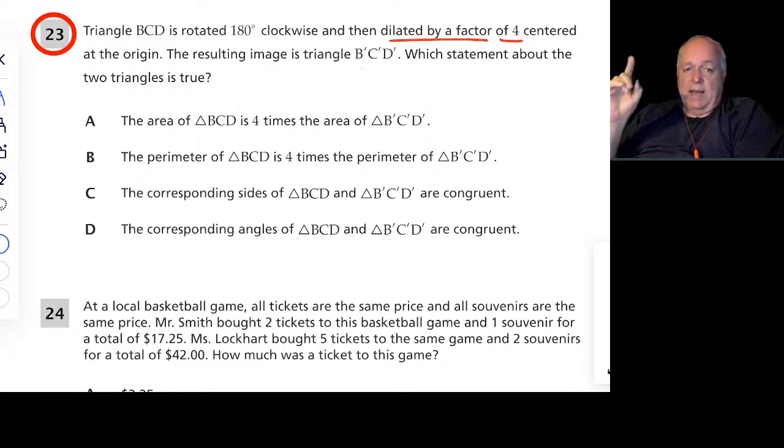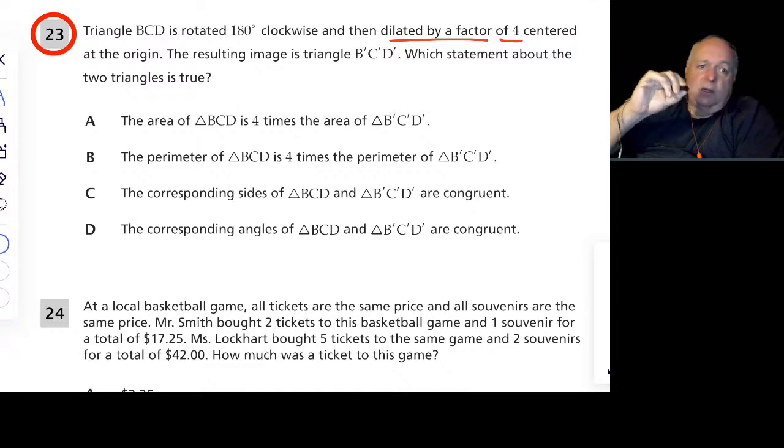This apostrophe is what happens when you move a certain point somewhere else, and you want to keep track of where it ended up. So we have a triangle that's basically expanded, that was originally at the origin. Which statement about the two triangles is true?